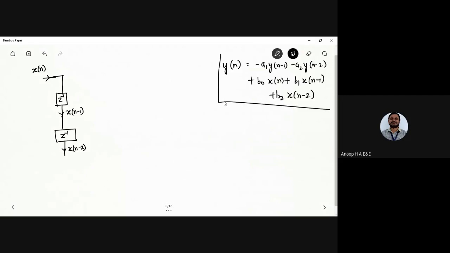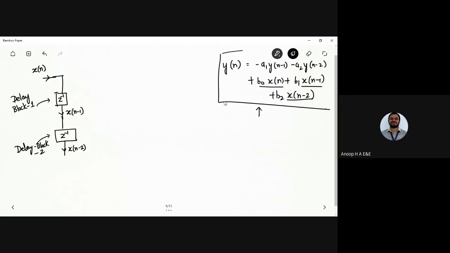Now I need to realize this difference equation. If you look at the input signal and the delays, I have got a delay block. This is the first delay block, delay block 1, and this is the second delay block, delay block 2.